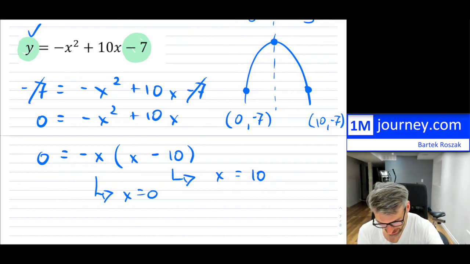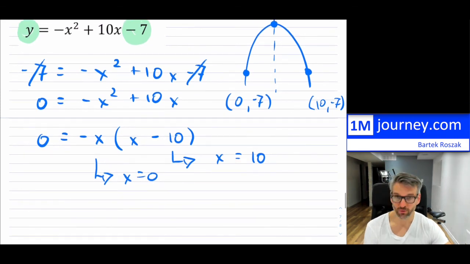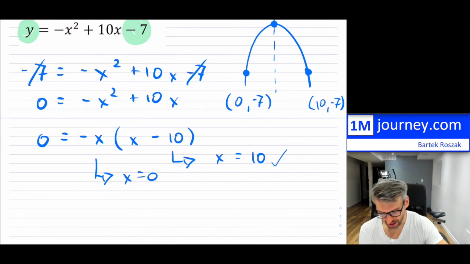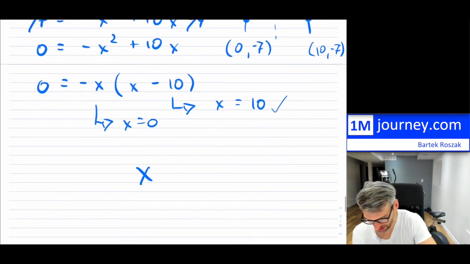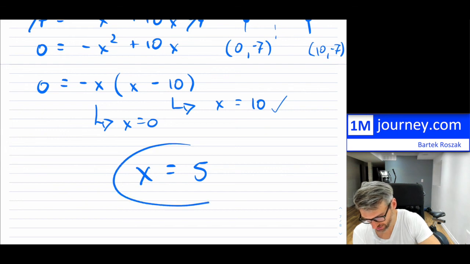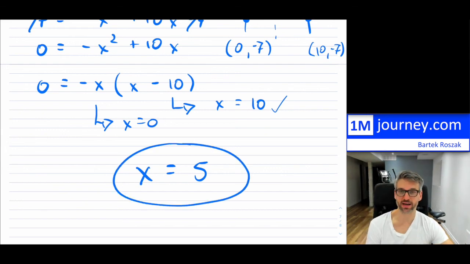Now, to find the line of symmetry again, you add them up and you divide by 2. Well, one of them is always 0 in this strategy, so it's going to be 10 divided by 2, and that is going to give you 5. So here's your line of symmetry. Your line of symmetry happens at x equals 5, so it's the vertical line.